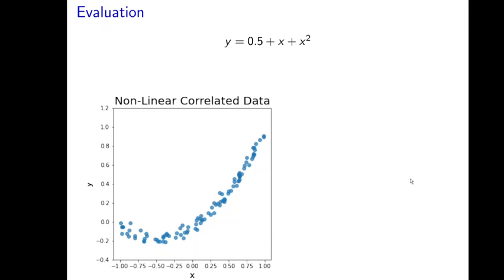I've also tried to employ the same linear regression technique with a more complicated function or a highly polynomial function. I have defined this function as y equals 0.5 plus x squared. So it is not 100% linear, but it has almost a single trend.